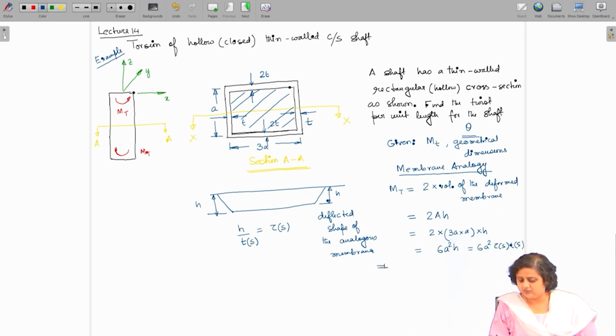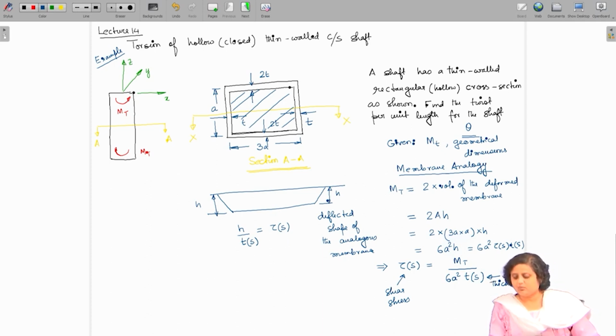From this we can say that the shear stress tau s is going to be MT by 6a square into t(s). This is the shear stress and this is the thickness. So this is one equation that we have obtained.